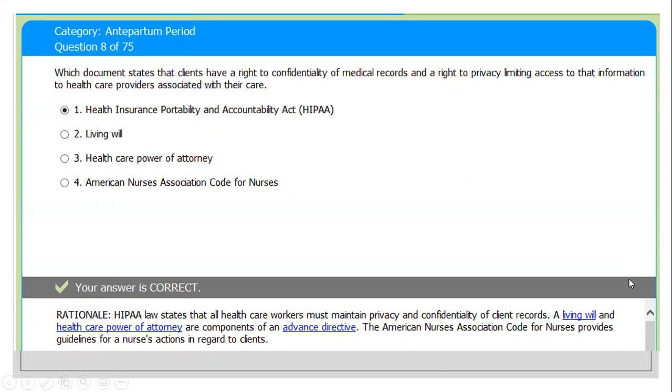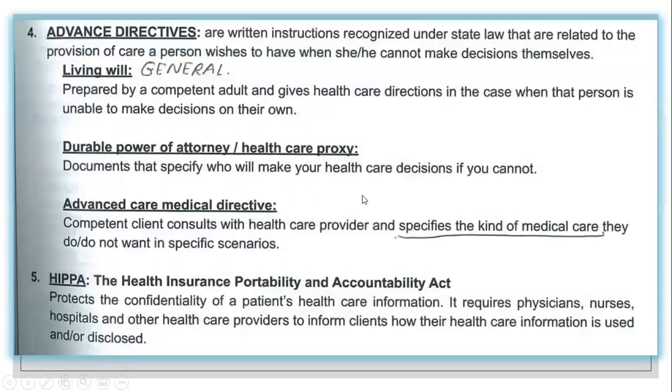So American Nurses Association Code for Nurses provides the guideline for nursing actions in regard to the clients. So here are a few definitions, and one page contains all of the essential definitions every student must know for the NCLEX board exam.